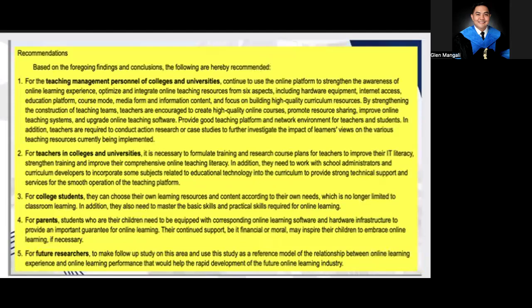Second, for the teachers in colleges and universities, why is it needed or why is it important for them? For college students, for parents, and for future researchers. Notice that the impact is also based on our priority. Which among the five obtained the highest impact in this particular study? And then you narrow it down from top to bottom.